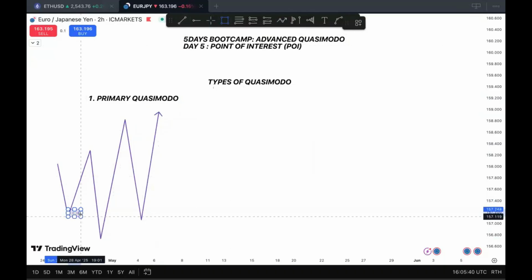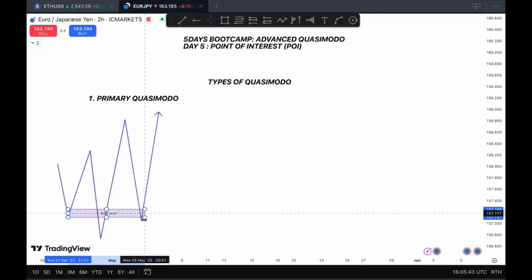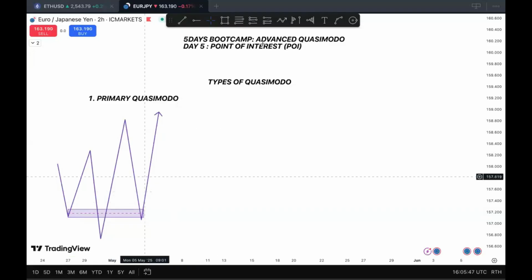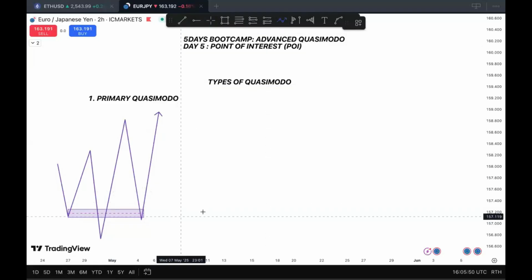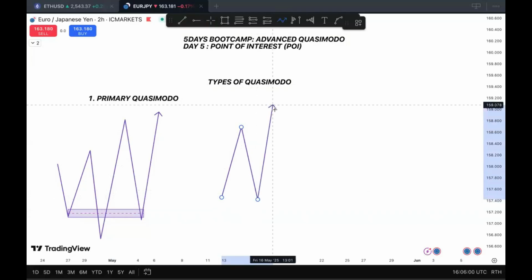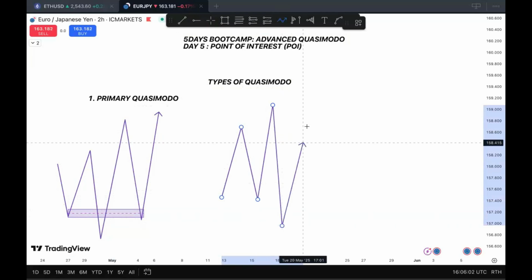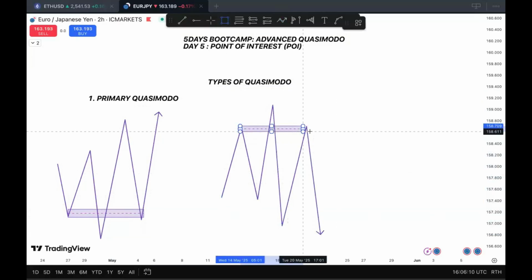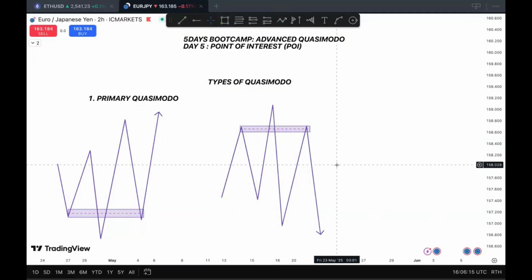This is our Quasimodo, okay? The previous break of structure, that's our Quasimodo. So this is for a bullish. Let's do it for a bearish. Okay, so this is a primary Quasimodo.